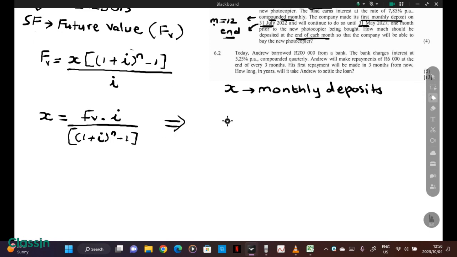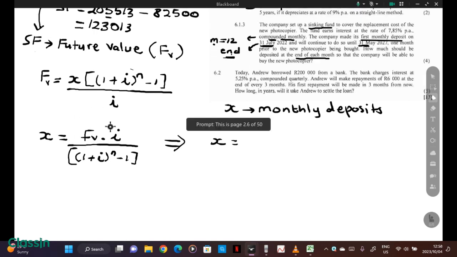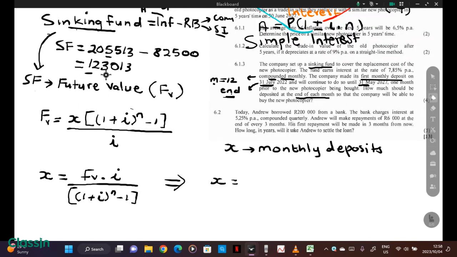So let's bring this here. Our X is going to be our future value. How much is the future value? The sinking fund is 123,013. And then how much is the value of i?